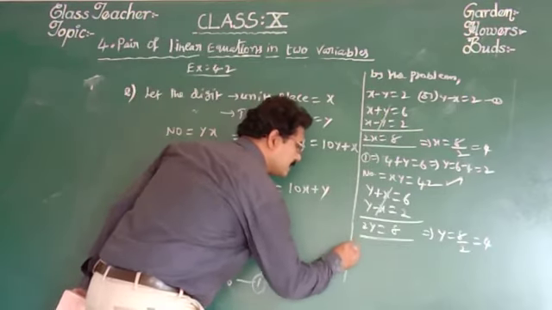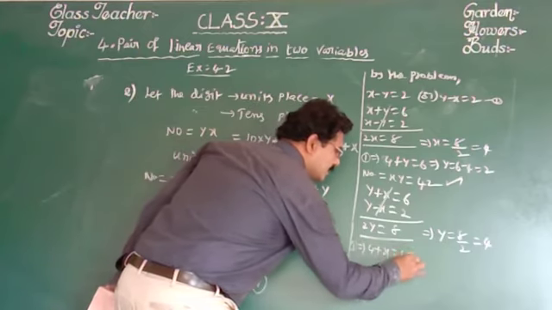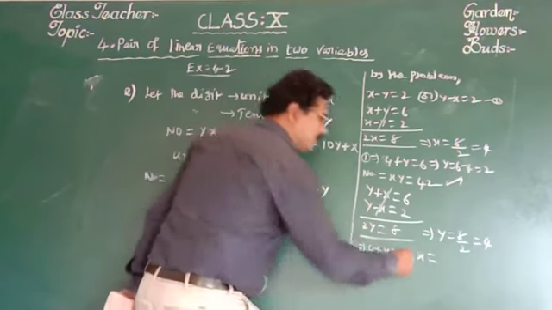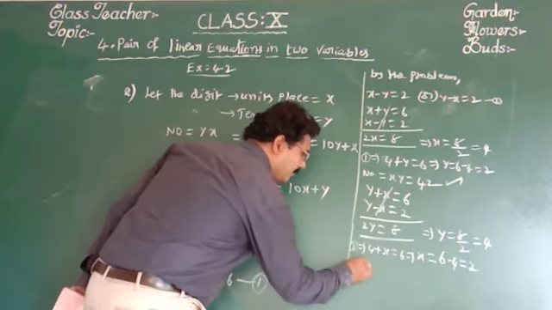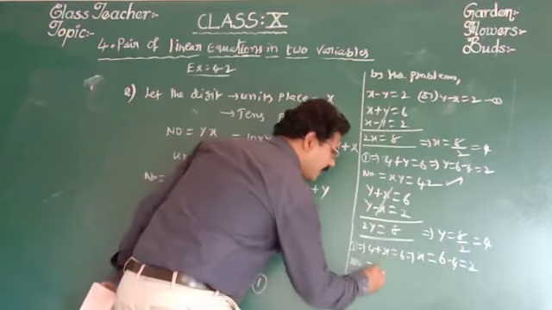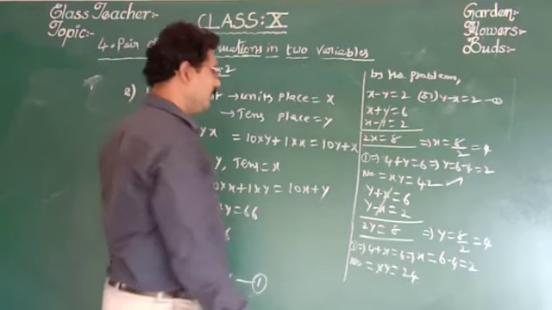Now from 1, 4 plus x is equal to 6, so x is equal to 6 minus 4, which is 2. Therefore the number is xy, that is 2 and 4, 24.